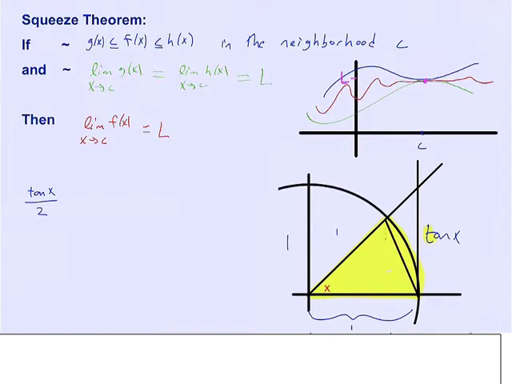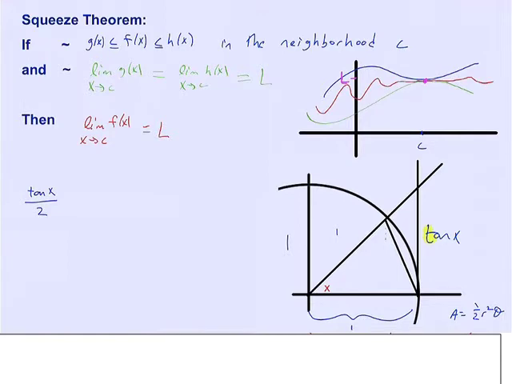The formula for the area of a circle sector, let's write the formula over here, is 1/2 r squared times theta, where theta is the measure of that central angle. In this case, that central angle is x, and the radius is still 1. So 1/2 r squared theta is 1/2 times 1 squared times x.